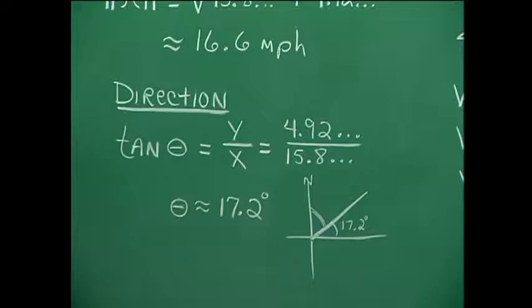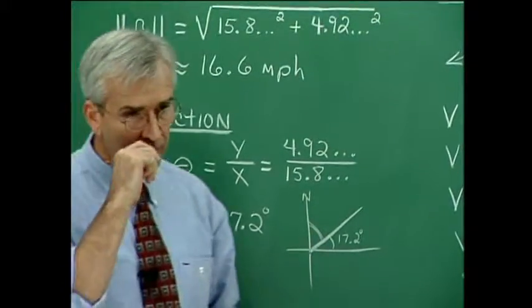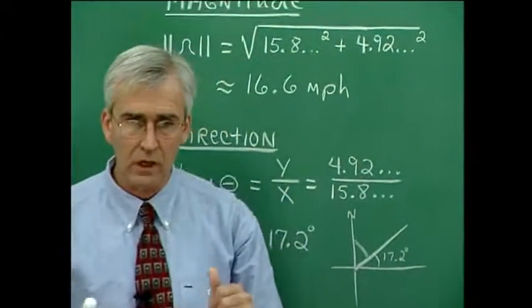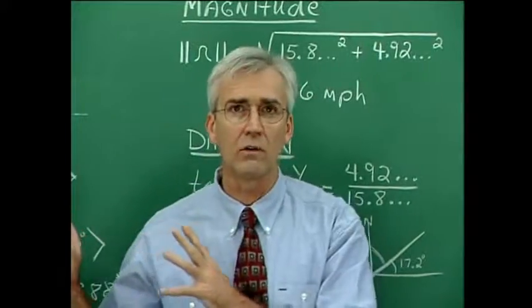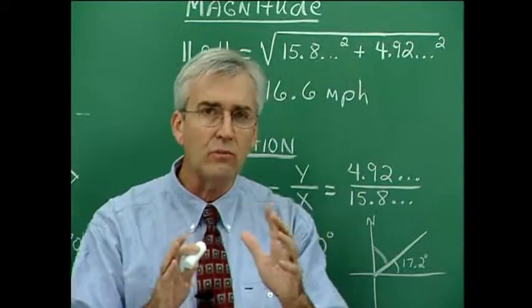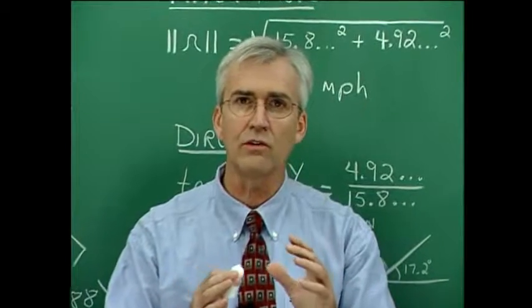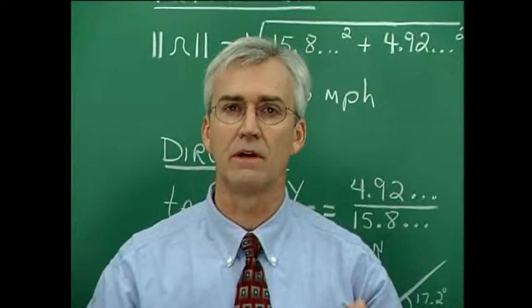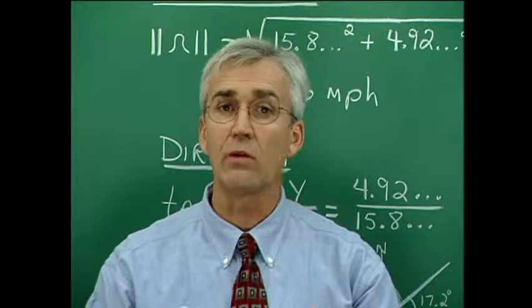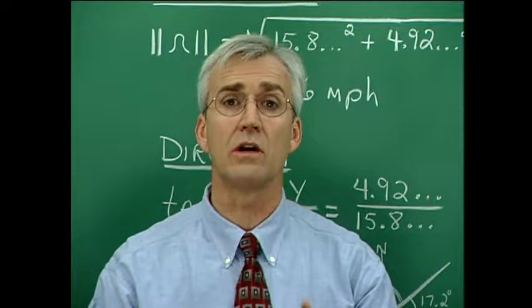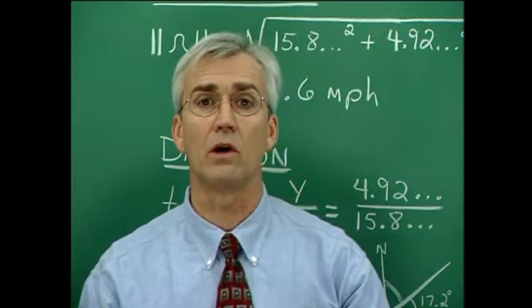Okay, so that's the idea. Now just generally though, realize that for this algebraic form to take place, we have taken our two vectors associated with the ship and the tide, and we have rewritten them in terms of horizontal and vertical components.